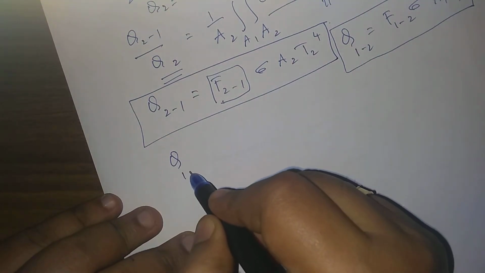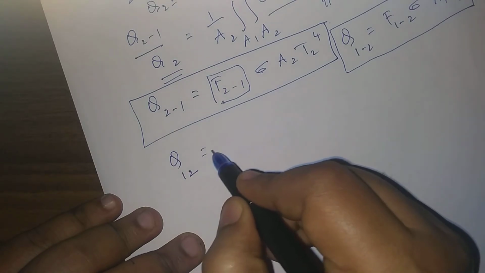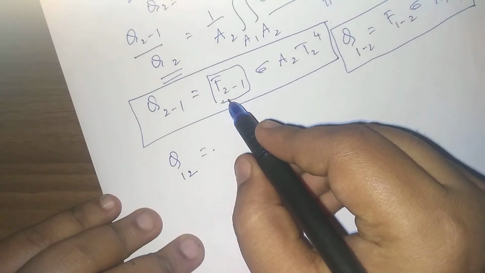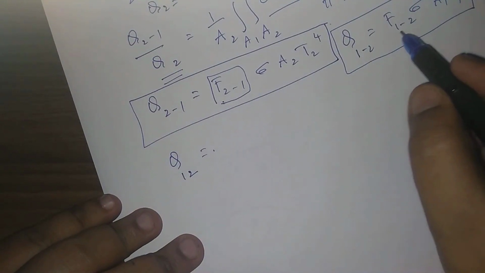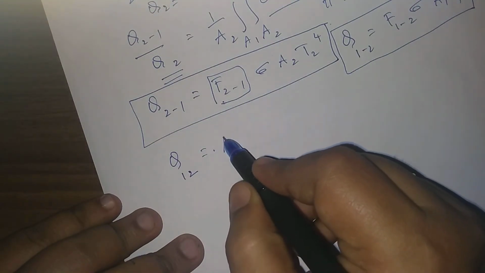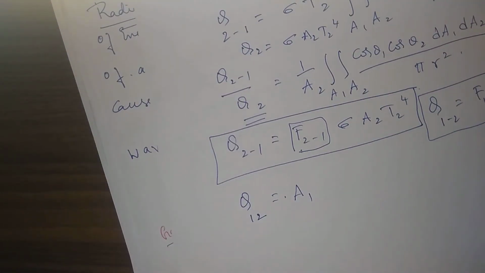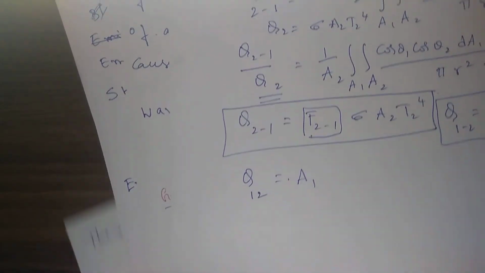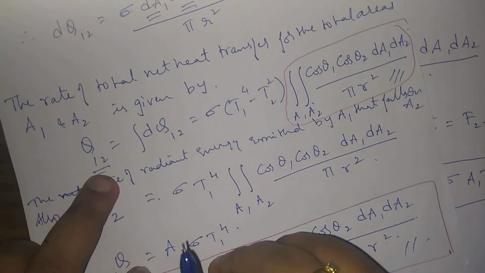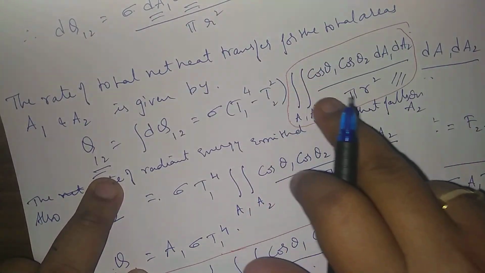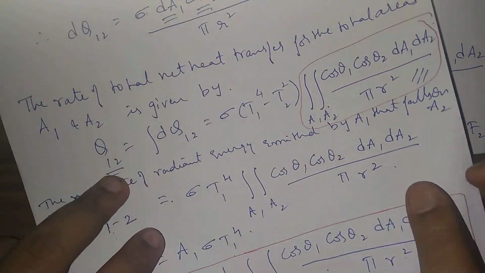So what will be the Q1→2 then? Q1→2, that is the net radiation heat transfer exchange. See, by the reciprocal theorem, F1→2 equals F2→1. So we can combine those two things and write it; please go to the previous expression. Whatever we derived here, Q1→2 is this. Now I can replace with F1→2 or F2→1.